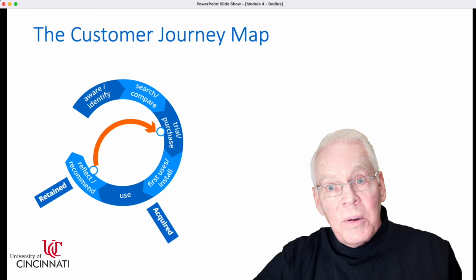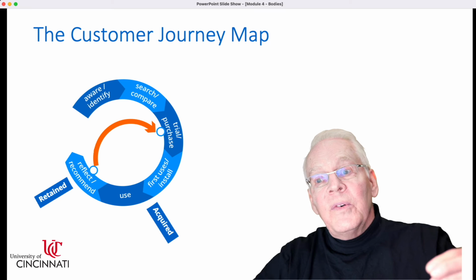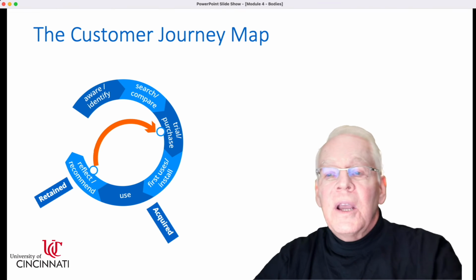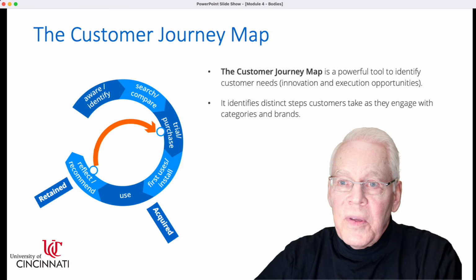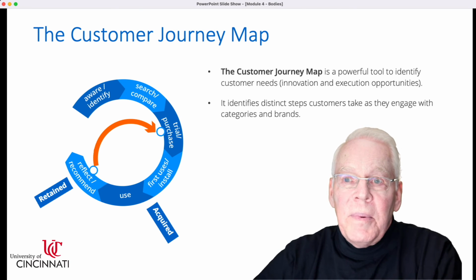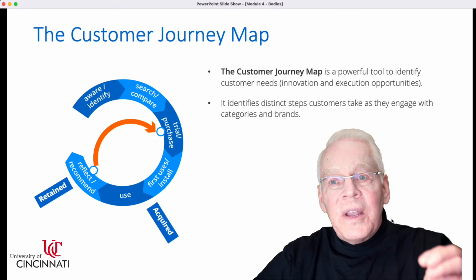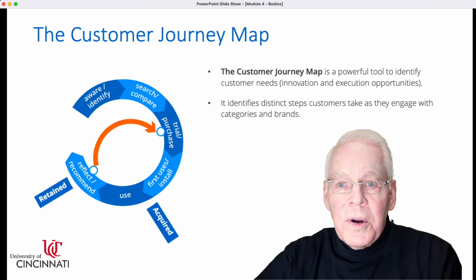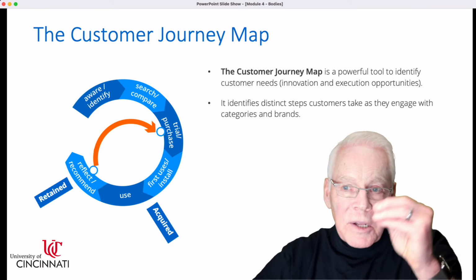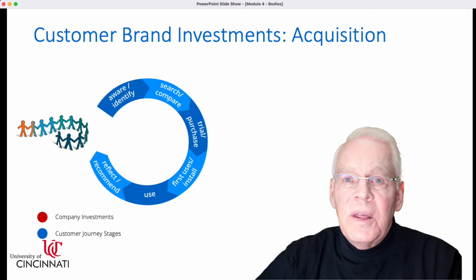And that's a very important part because that's going to affect how they communicate to others about their experience. And so it's important to think about the customer journey map as a series of distinct steps that the customer engages with the brand and the category, and a good marketer manages that experience all the way through.